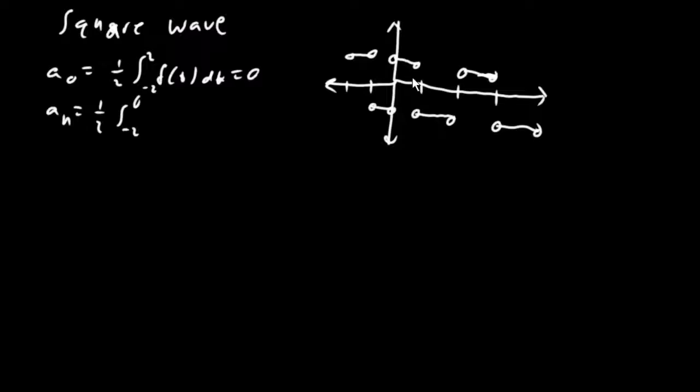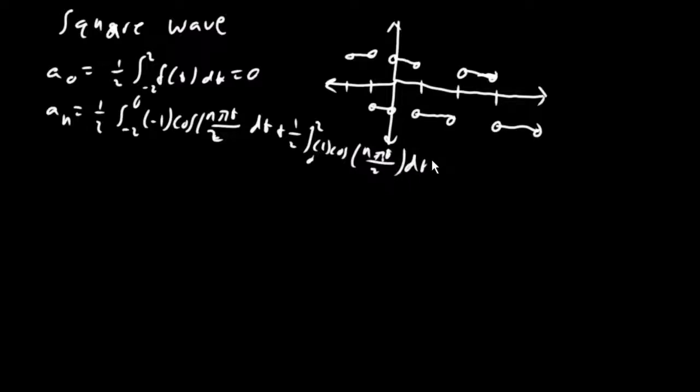So that's from -2 to 0 of -1 cosine n pi t over L, or over 2 because L is equal to 2, dt, plus 1/2 integral from 0 to 2 of +1 cosine n pi t over 2 dt. And again, we're going to see this is equal to 0 if we carry this out.